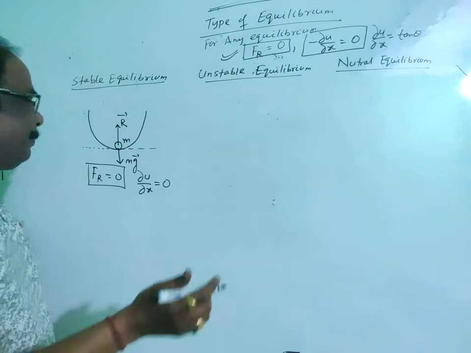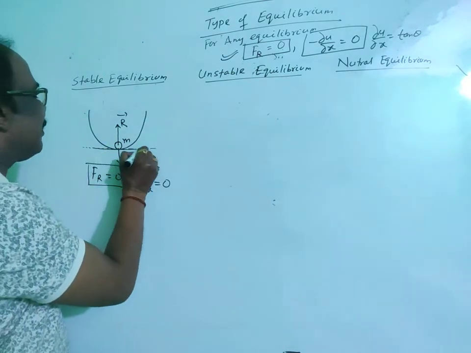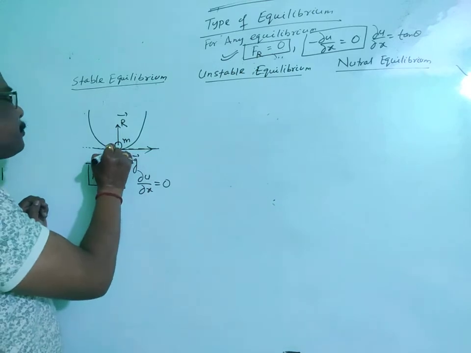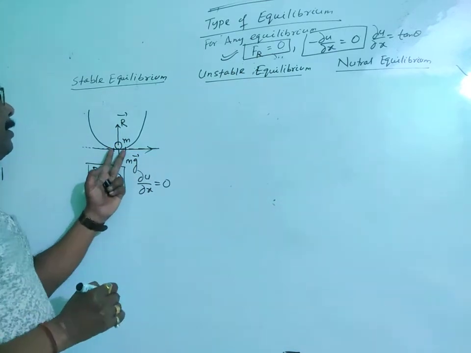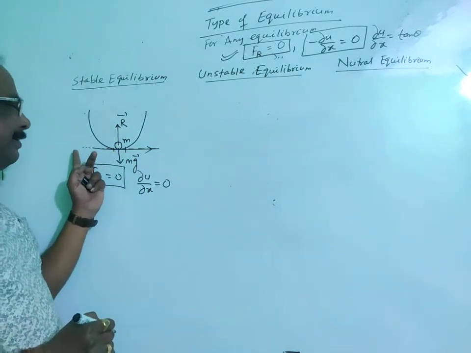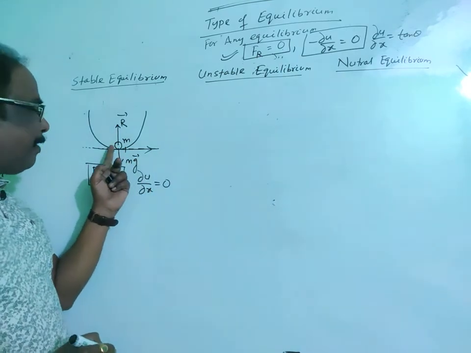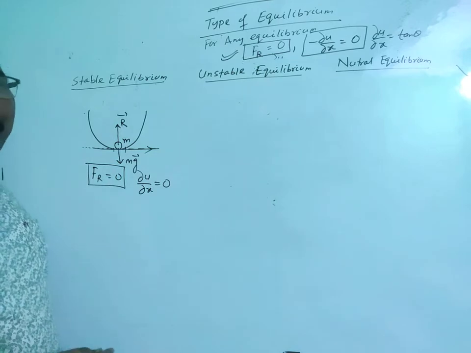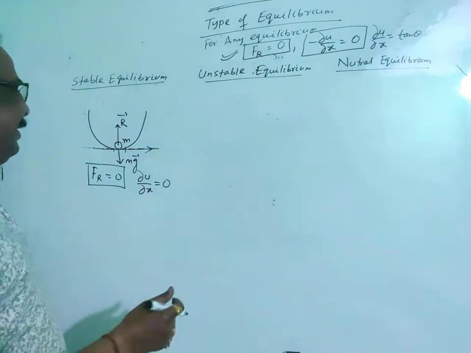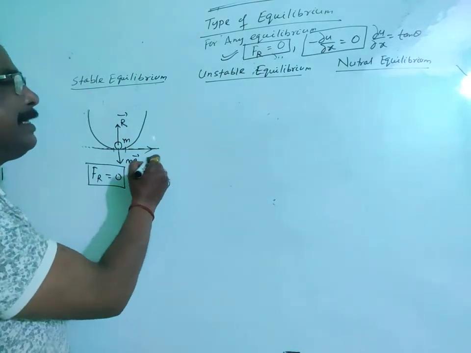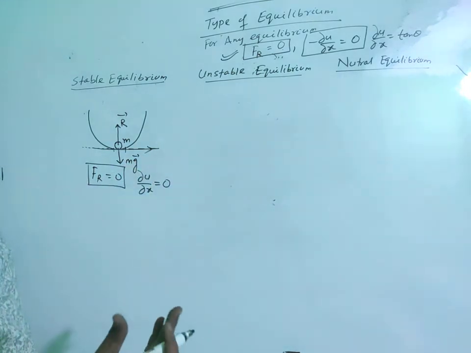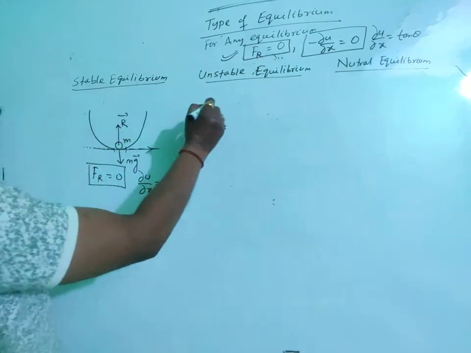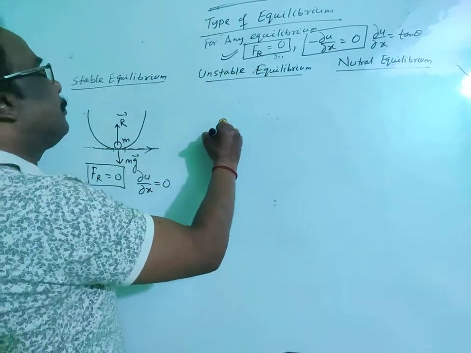To see the 0 slope, just draw a tangent at this position. For this elemental distance, the tangent is parallel to the surface. So here theta is 0 degrees, then dU by dx is 0. Is it clear?